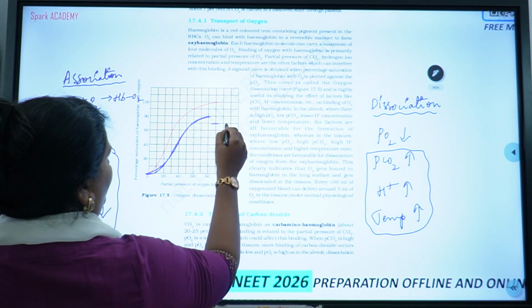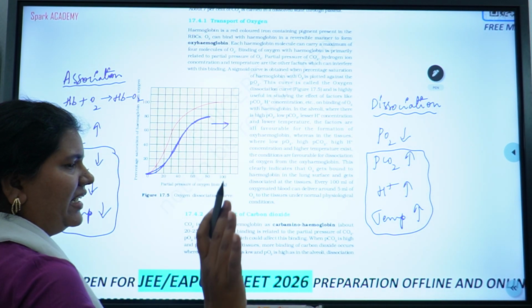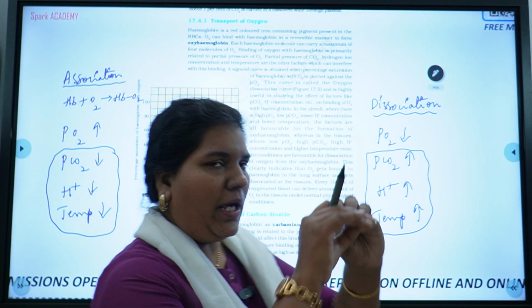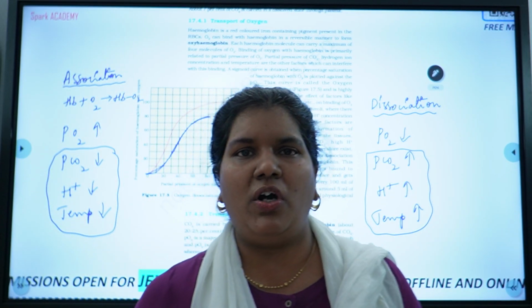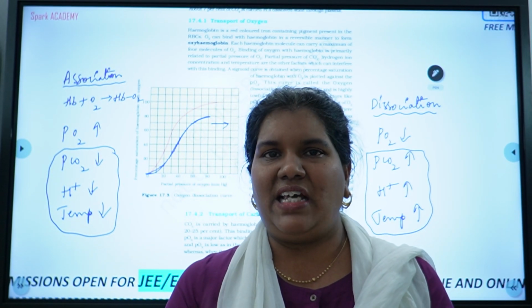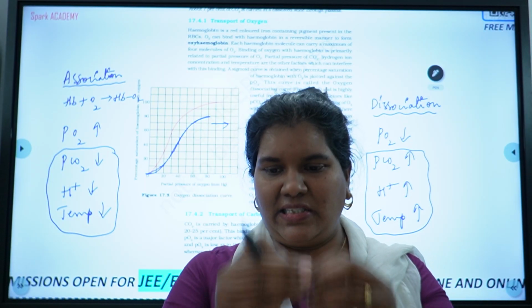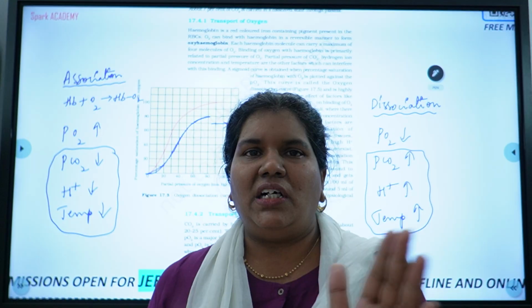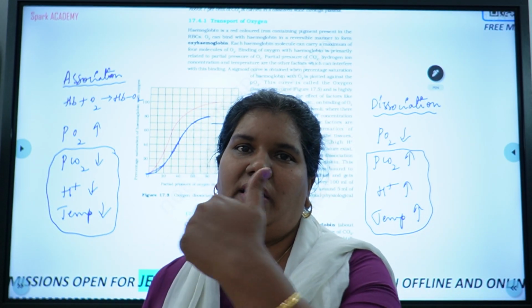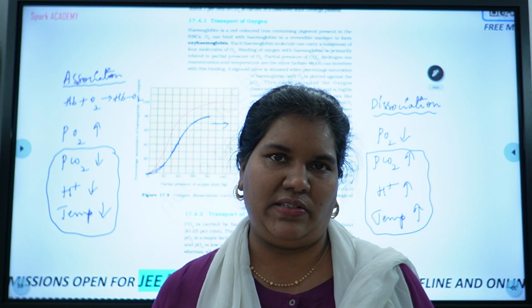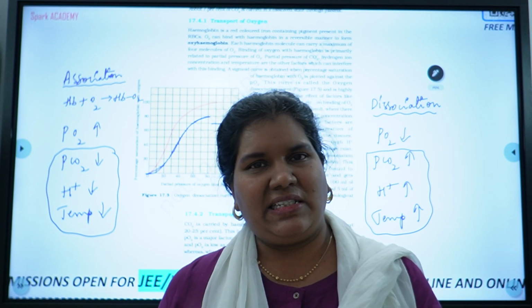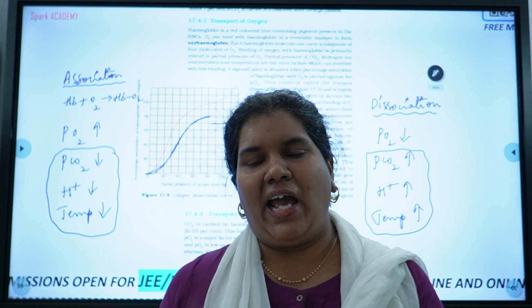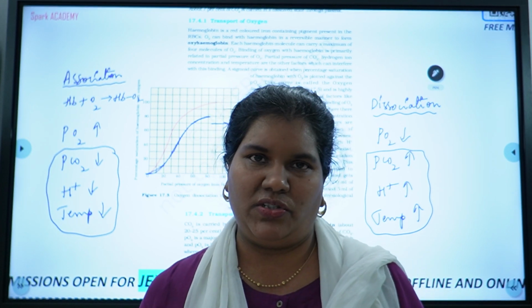When the curve shifts towards the right side, binding does not take place, but breaking takes place. Which means what? Hemoglobin loses the affinity to bind, but instead it breaks away the oxygen. That means when the curve is shifting towards the right side, dissociation takes place. Hemoglobin has lesser affinity to bind, and it quickly gives away oxygen.